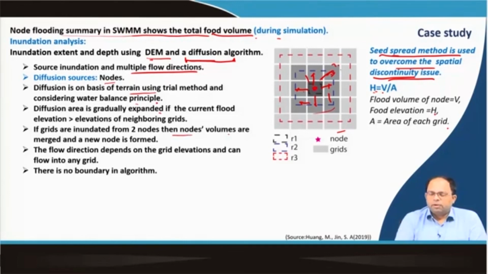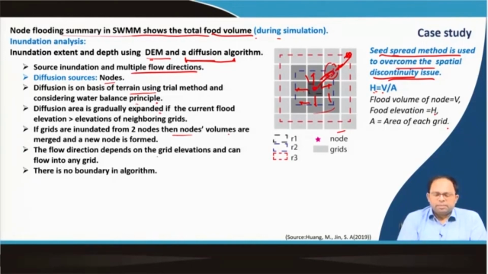So, suppose there is one node and another node, and flood comes to both these points, the volume of flood is extending to both. In this case we will add these two node volumes, and we can increase the catchment size as well. Then we can merge them and a new node can be formed, and from there we can do the spreading after that.